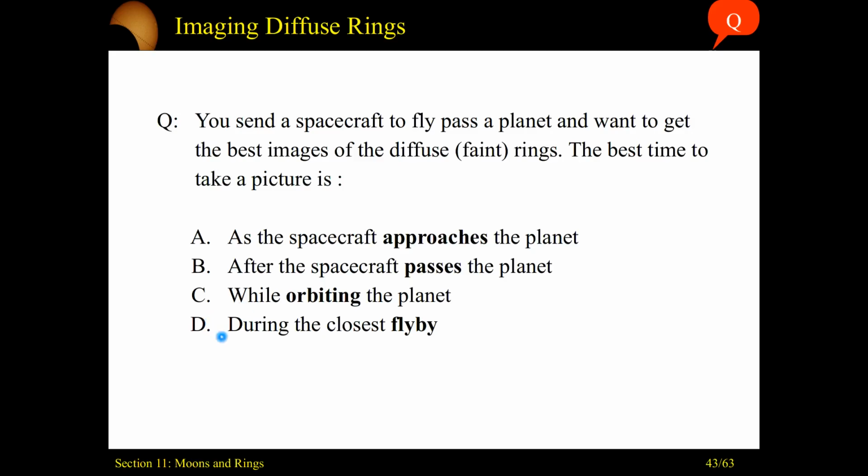And the last option, doing your closest flyby. Perhaps you're going to be lucky and your spacecraft literally flies through the diffuse ring and can image some of it. So there are good arguments for all of these, but I'll tell you that the best time is as the spacecraft is passing the planets. Let's talk about the closest flyby.